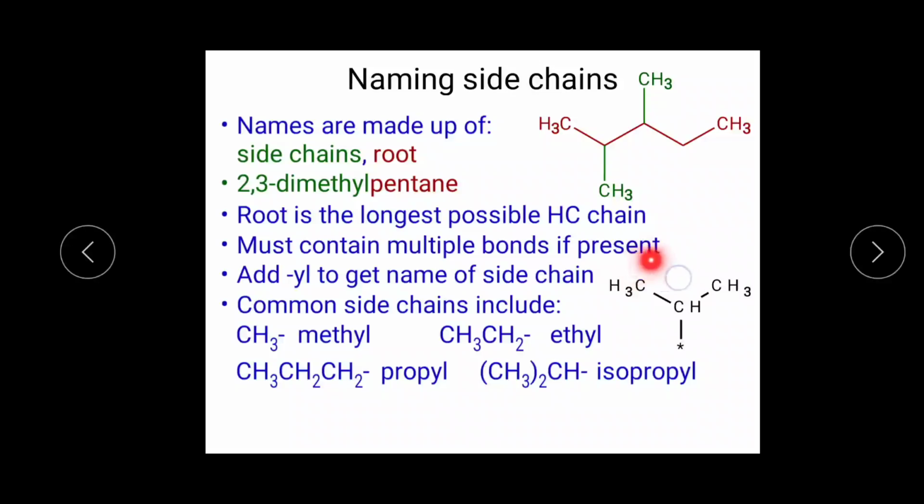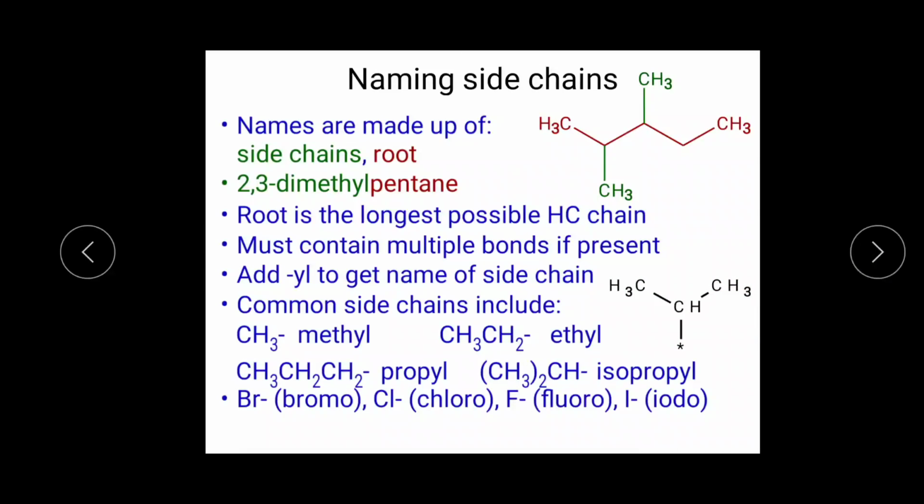Isopropyl can be presented in this manner. And we have also alkyl halides, or these are halogens. We have Br, that is bromo, Cl, chlorine, for chloro, fluorine, that is fluoro, and iodine, that is iodo.